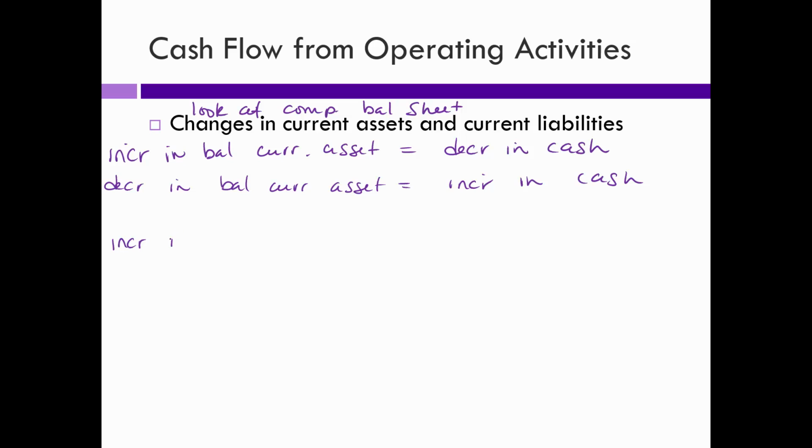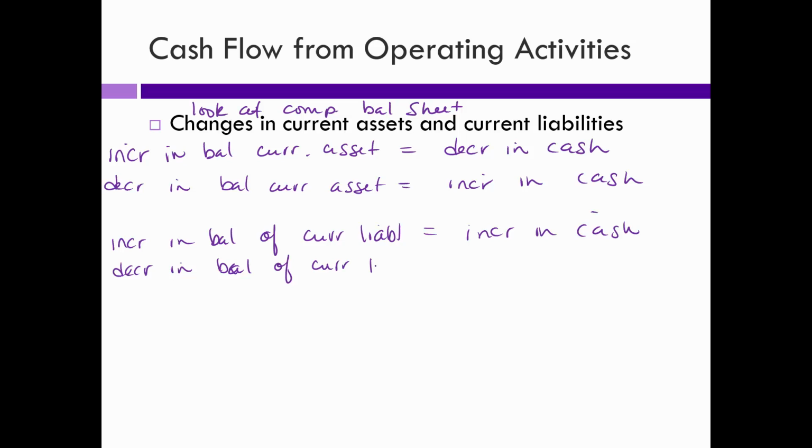If there is an increase in the balance of a current liability, that is an increase in cash. And so these guys work in the same direction. If there is a decrease in the balance of a current liability, that is a decrease in cash.